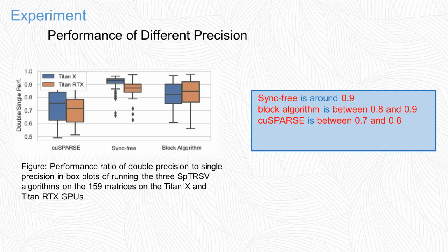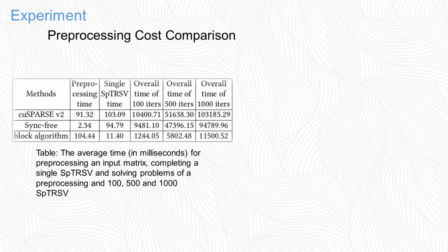And this table shows the pre-processing cost, a single SpTRSV cost, and the overall cost for 100, 500, and 1000 iterations of a complete procedure by using cuSPARSE, sync-free, and our recursive block algorithm in double precision on the NVIDIA Titan RTX GPU.